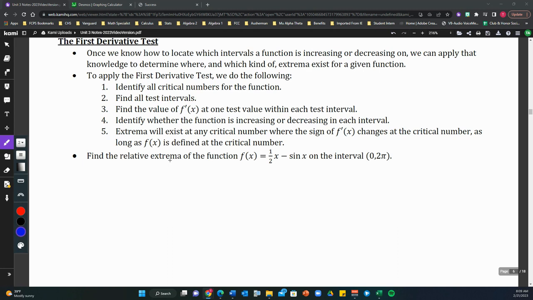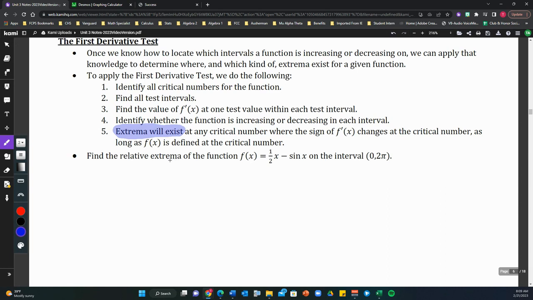The end goal for these is trying to prove where extrema will exist, and that's why the very last step in this process starts off with those words. So the goal is to figure out where a function's relative extrema, if it has any, will exist on that function's graph. The first derivative test uses what we just learned how to do to prove where those points will exist on a function's curve.